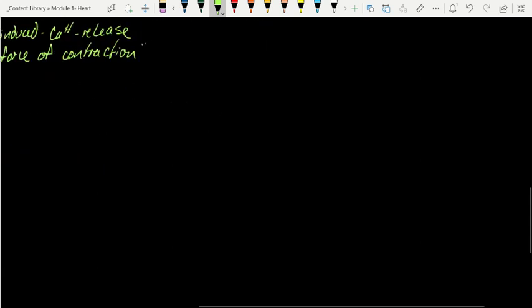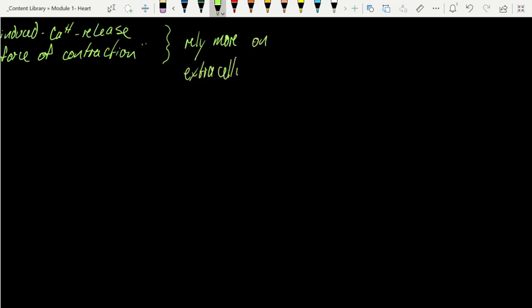Whereas in skeletal muscle, dihydropyridine and ryanodine were coupled, cardiac muscle is different because we rely a lot more on extracellular calcium. We're not cramming all of the calcium into a sarcoplasmic reticulum.